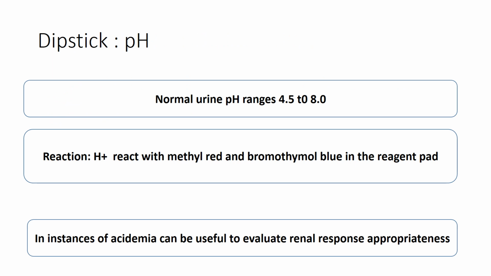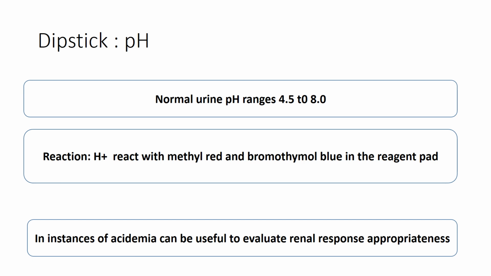The next parameter is the pH. Normal urine has a pH between 4.5 and 8, and essentially what's happening is the protons are reacting with methyl red and bromothymol blue, which is present in the reagent pad. So we expect in a normal kidney that if the patient has acidemia, they should be offloading protons, and so we'd expect the urine to be acidic.